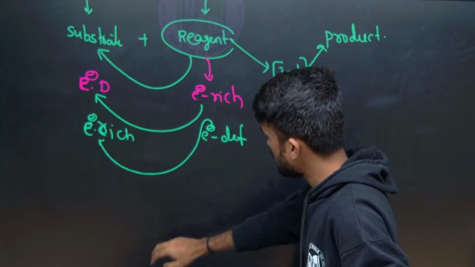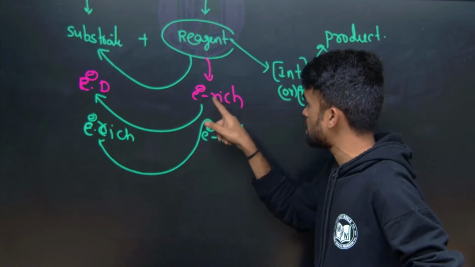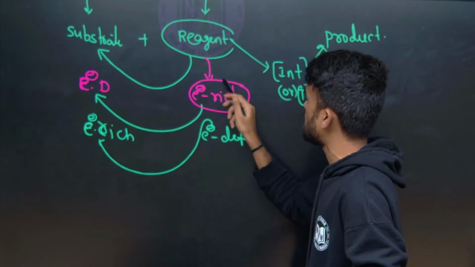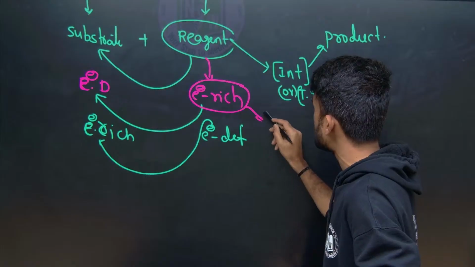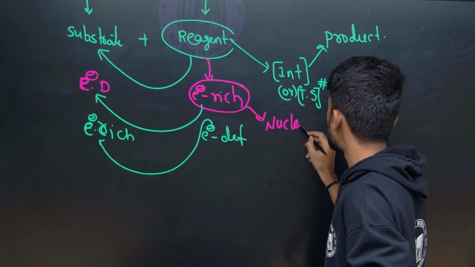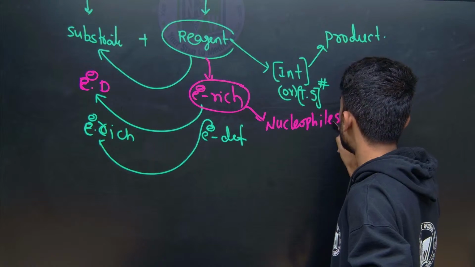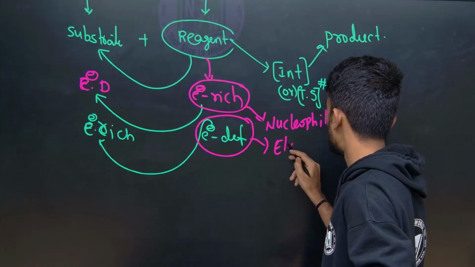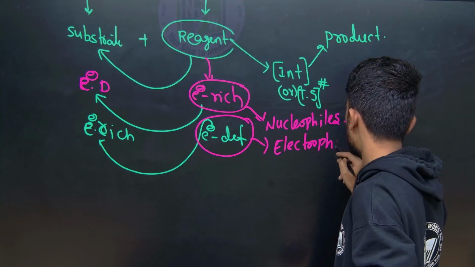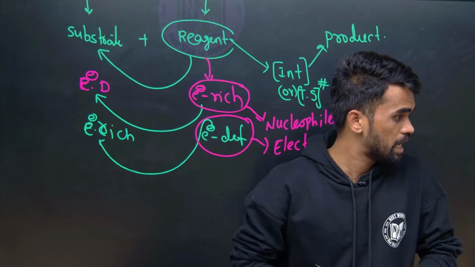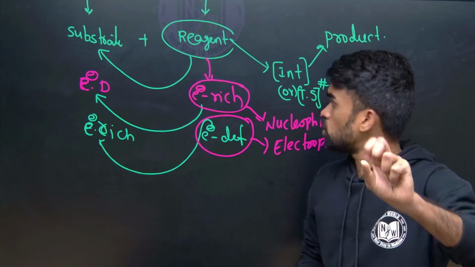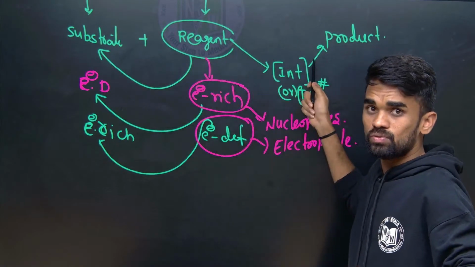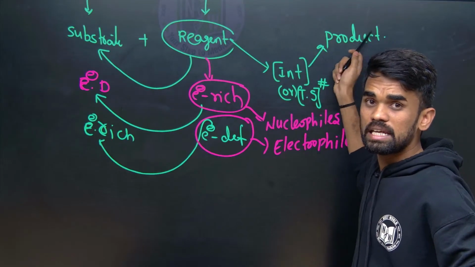So attacking reagents you have seen are of two types, one is electron rich, another is electron deficient. What is the name of this electron rich reagent? This is called a nucleophile, and the electron deficient species is called an electrophile. So substrate plus reagent combine to form an intermediate or transition state, finally giving our product.